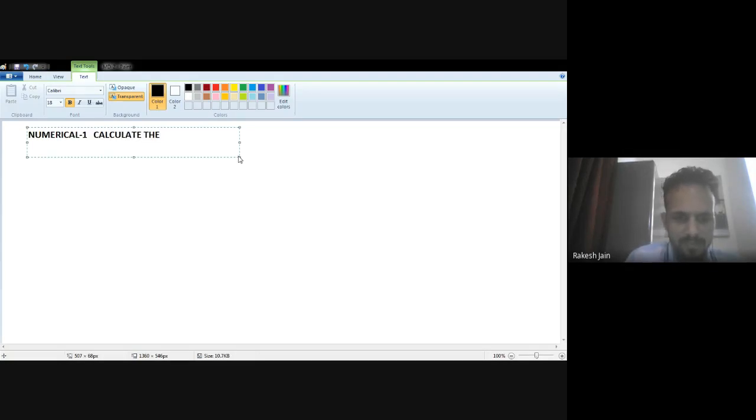Calculate the mass defect and binding energy for helium, and in bracket it is given helium as 2He4.